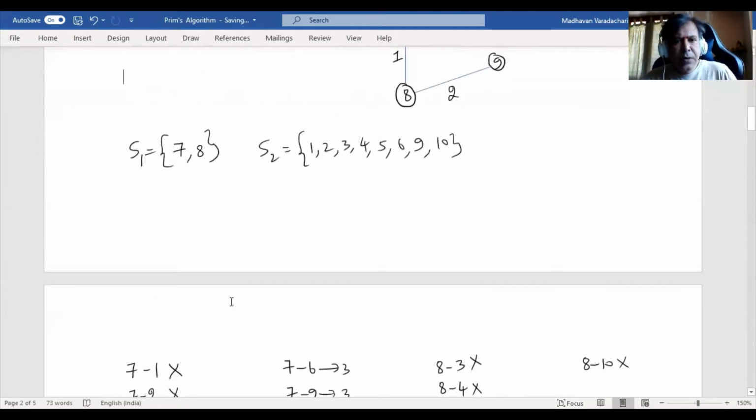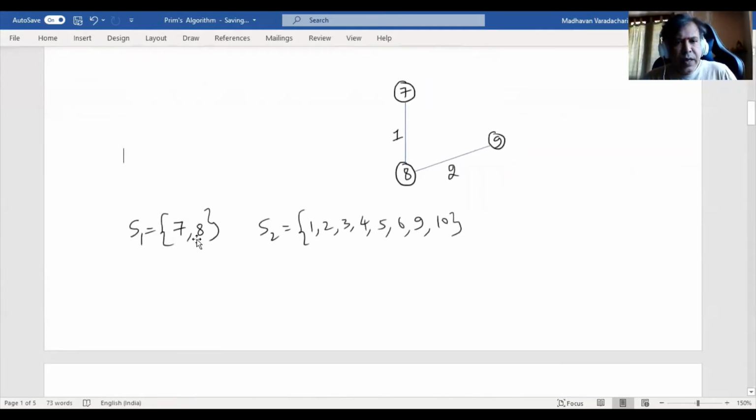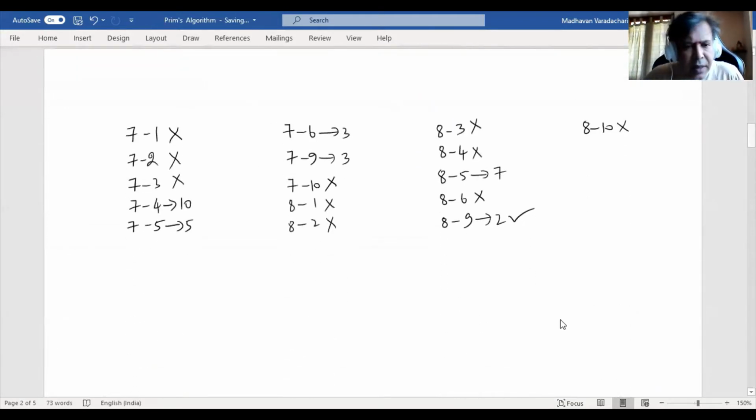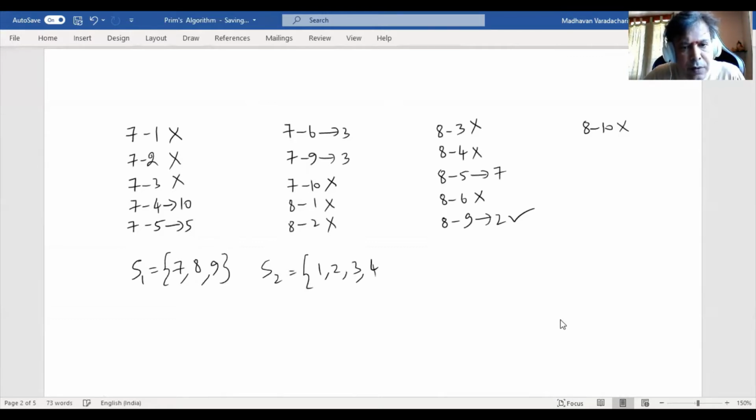So what happens to our new set? New set, not only 7 and 8, even 9 will be added in the S1, the first set. 7, 8 and 9. S2 will have the remaining vertices, that is 1, 2, 3, 4, 5, 6, 7, 8, 9 will not be written, then 10.